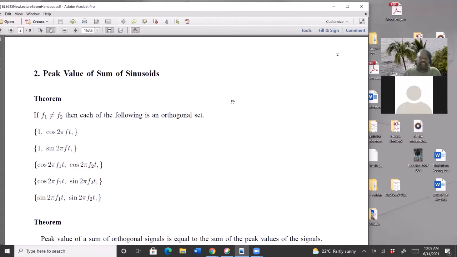Two sinusoids added, such as sine 100 pi t plus sine 700 pi t, and you can put some numbers in front: 2 sine 100 pi t, 3 sine 700 pi t. There is a theorem: whenever these signals are orthogonal, you can just add the peak values. So if you have 2 sine and then 3 sine of different frequencies, you can just add the peak values.